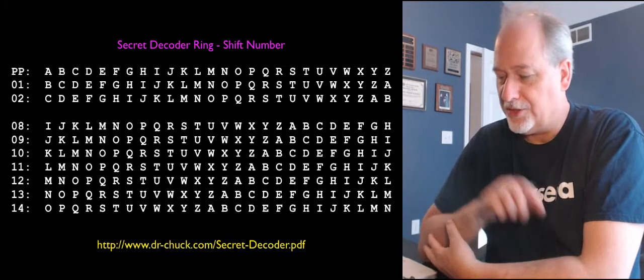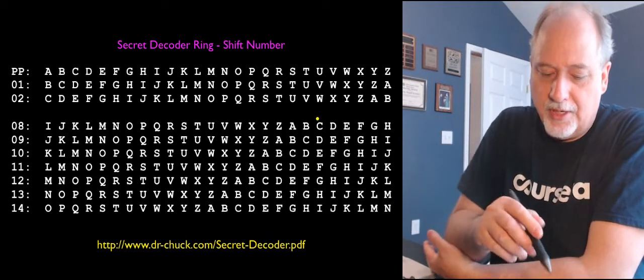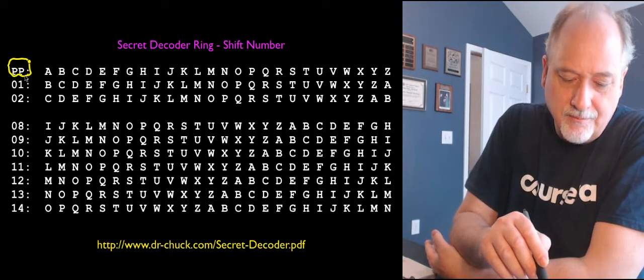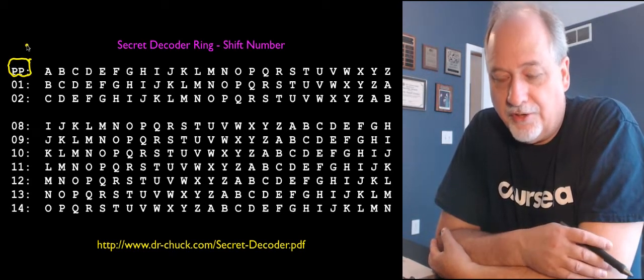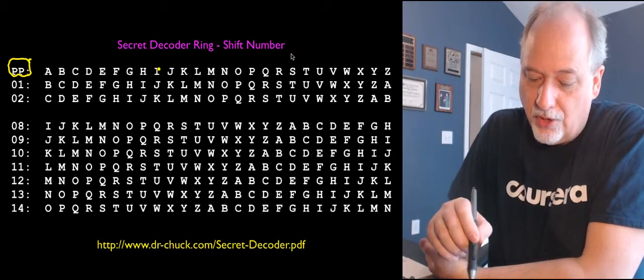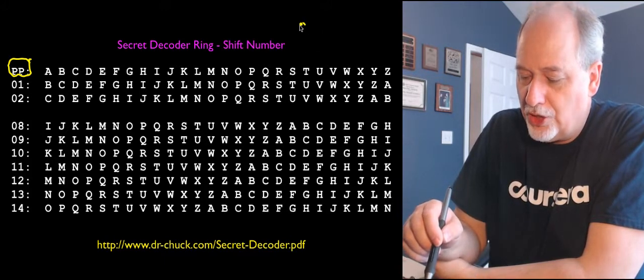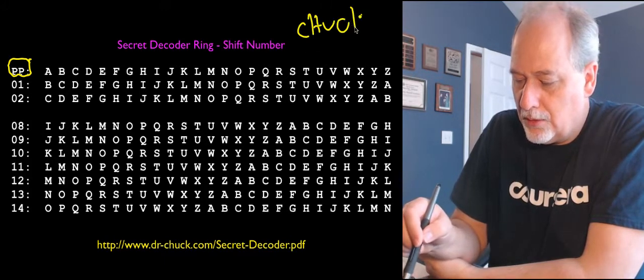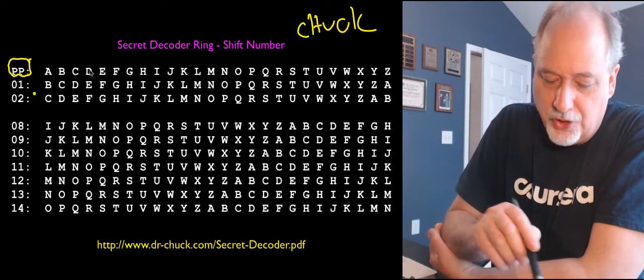Okay, let me tell you how to use this secret decoder ring. The top line here is the plain text. If you recall, a Caesar shift has a shift number. To encode, you go from the plain text. Let's say I want to encode Chuck with a shift of 2.